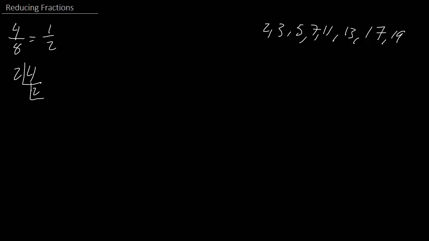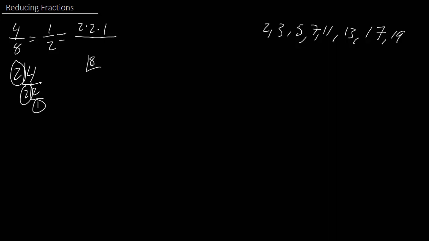Then we do another bracket, and what's another prime? Well, 2 is already a prime, so we know 2 will go into 2 one time. When you get to 1, you know you're done. So right here we're going to write a 2 times 1. Where did I get these? Well, 2 times 1.